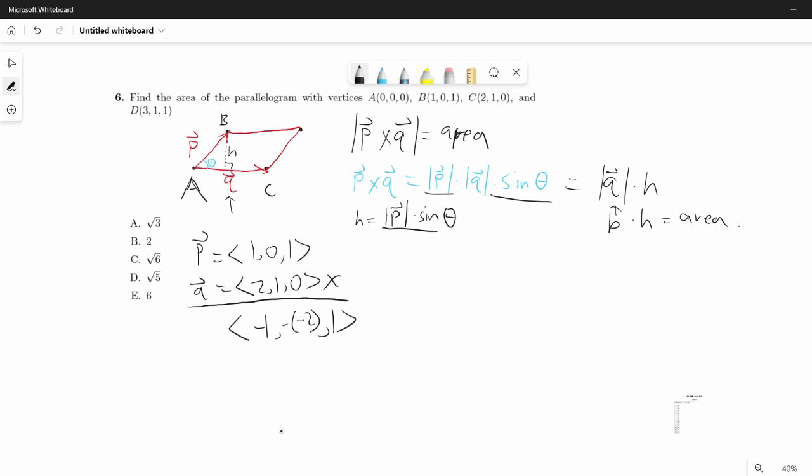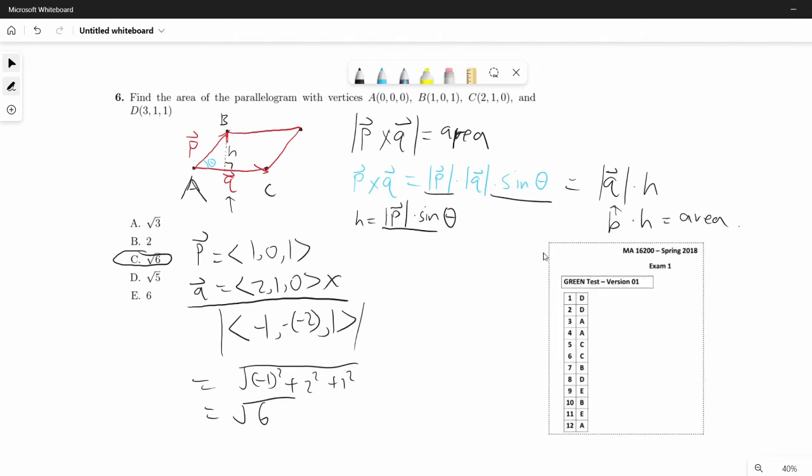So this is the cross product, and the area is the length of this. That would be equal to the square root of negative 1 squared plus 2 squared plus 1 squared. In this case, root of 1 plus 4 plus 1 is root 6. That would be answer choice C. And for number 6, choice C would be the correct answer.